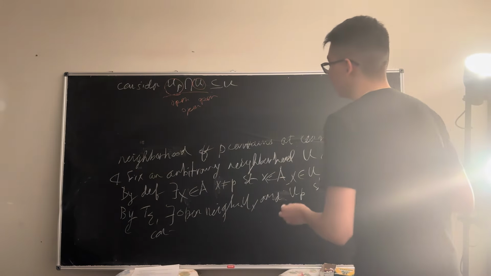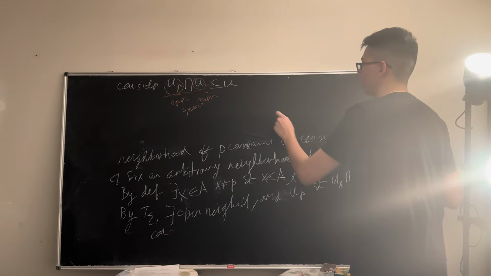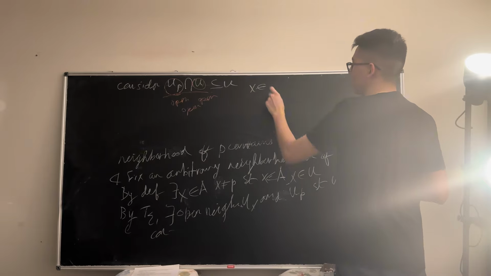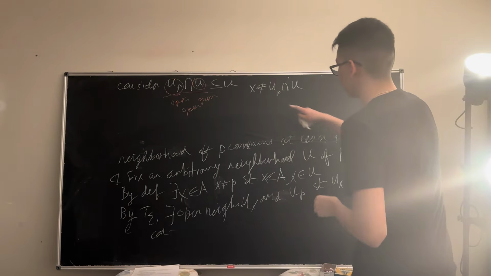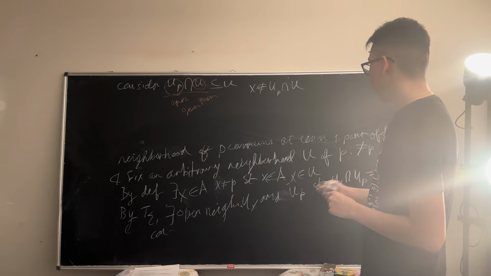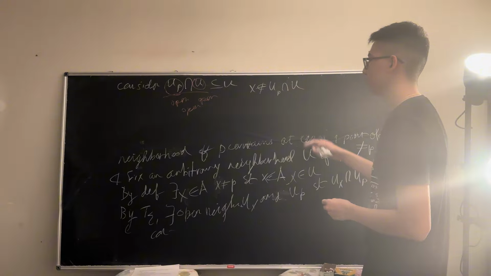One last thing to mention is that X does not belong to U_P intersect with U, because X belongs to U_X, which is disjoint from this set.